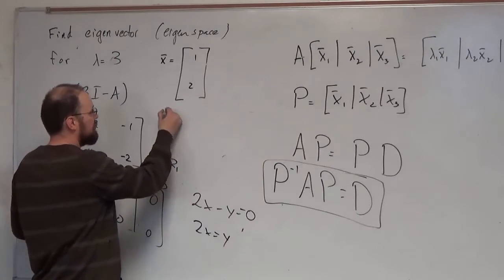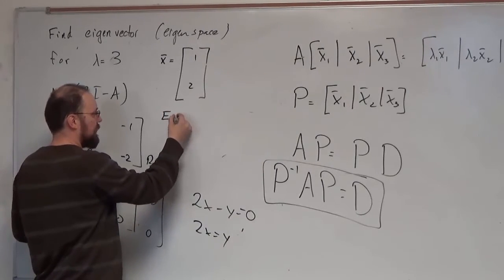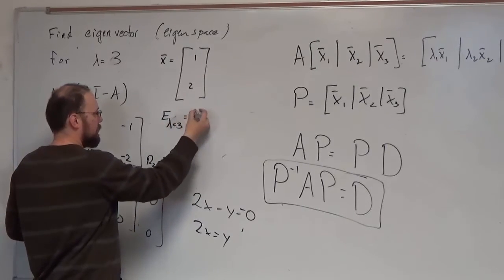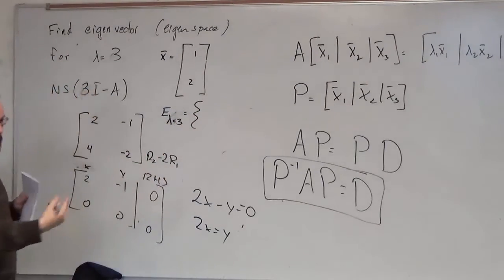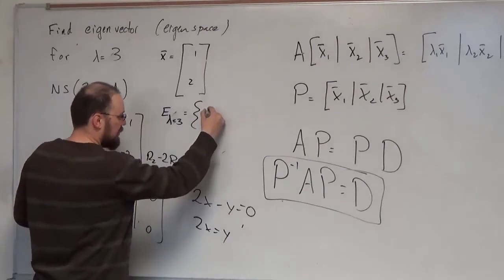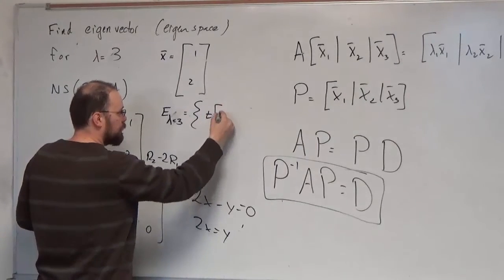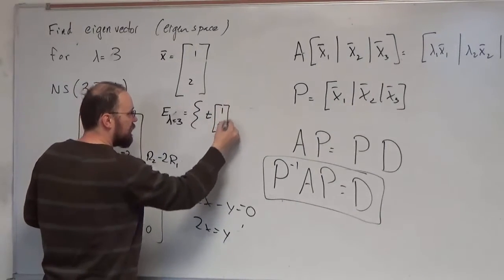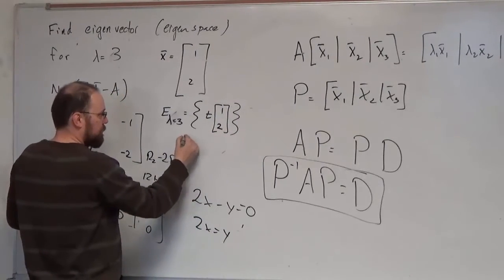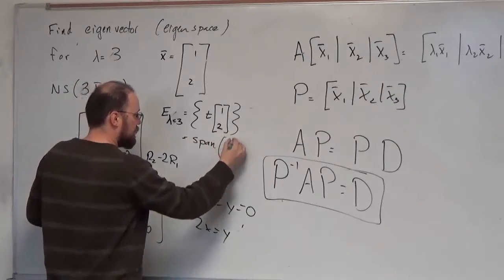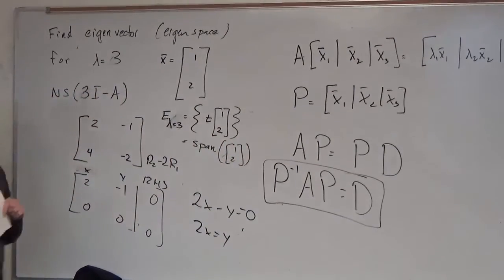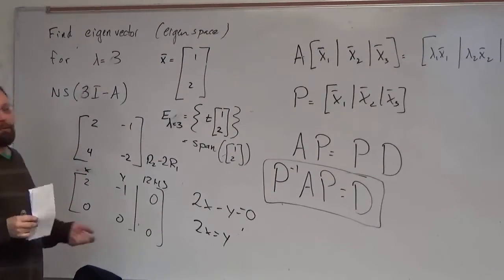Now the eigenspace associated to this eigenvalue of 3 would be the set of all eigenvectors and the 0 vector. But notice that if x is t, y would be 2t, and you see that the set of all eigenvectors and the 0 vector are multiples of this one vector. So this is the basis for the eigenspace. It's one-dimensional.